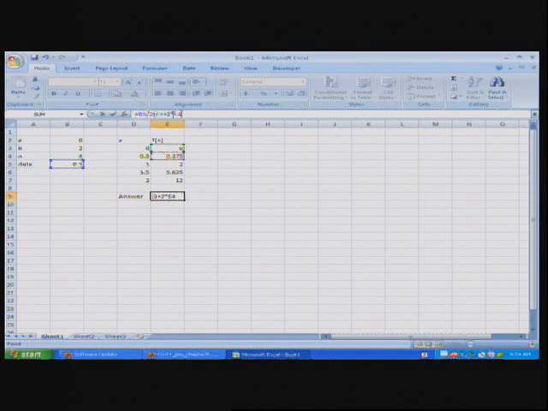So you could put a parenthesis right here, and then a plus this one plus this one, and then just plus the last y value, which is this one, close your parenthesis, and then hit enter.